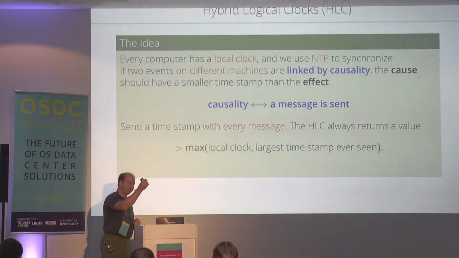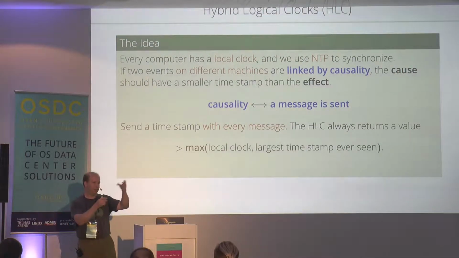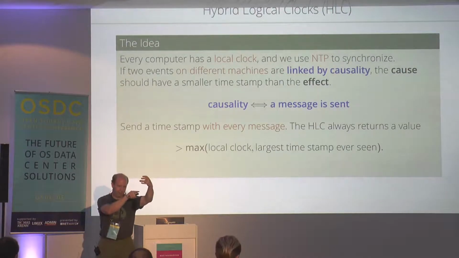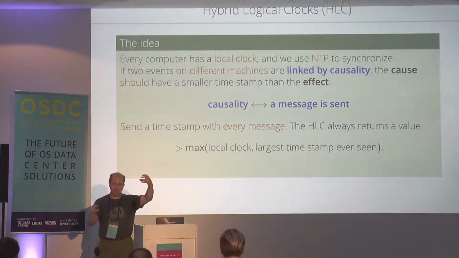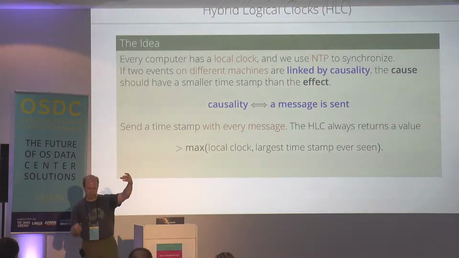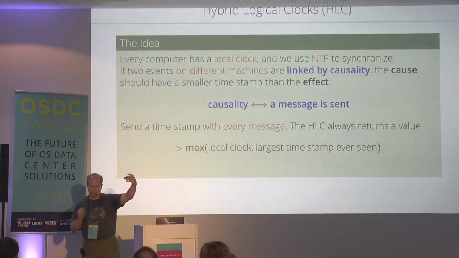So, if a message is sent from A to B, so imagine some event on server A, it was assigned a timestamp. Then you send a message. With every message, we take a timestamp, send it over, and take notice of it in server B. If this now causes some other event on server B, and we take a timestamp of that as well, then the following happens.